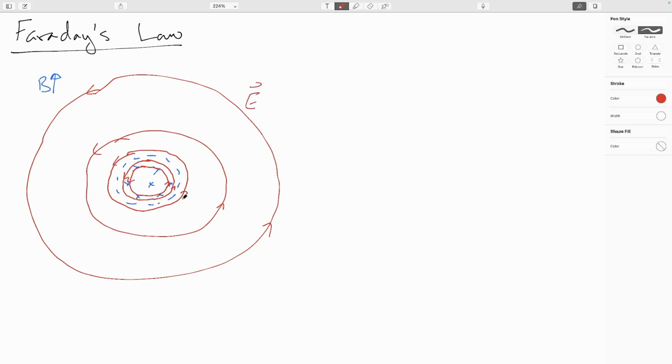Now I alluded to what if I had a conducting loop here. Well, this induced electric field is indeed what is moving the charges around when we were looking at Lenz's law. So if I had a conducting loop here, I would be inducing a counterclockwise current because the electric field would always be pushing on the charges.